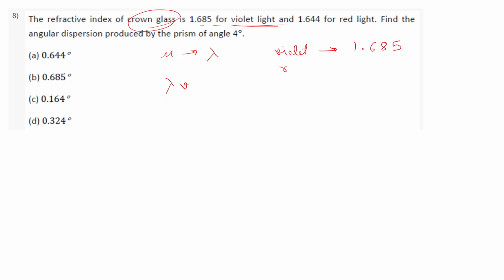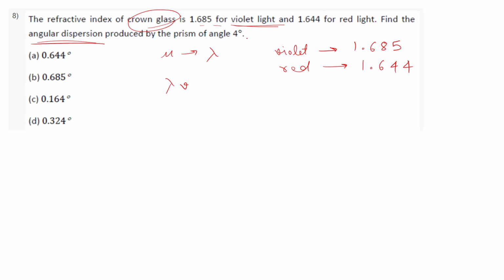For red light, the refractive index of the material is 1.644, right? Refractive index of crown glass is 1.685 for violet light and 1.644 for red light. Find the angular dispersion produced by a prism of angle 4 degree. We have to find out angular dispersion.